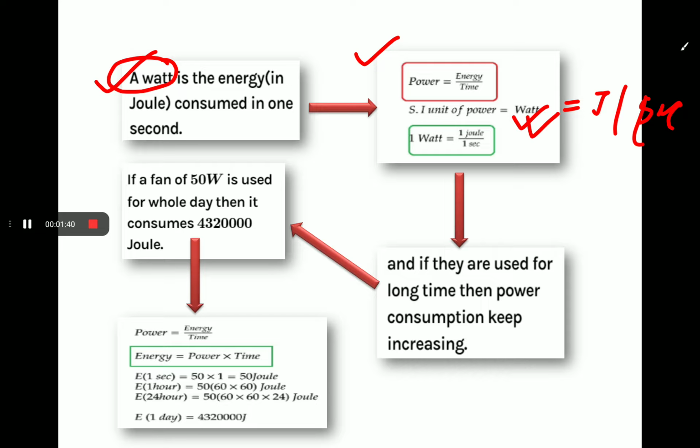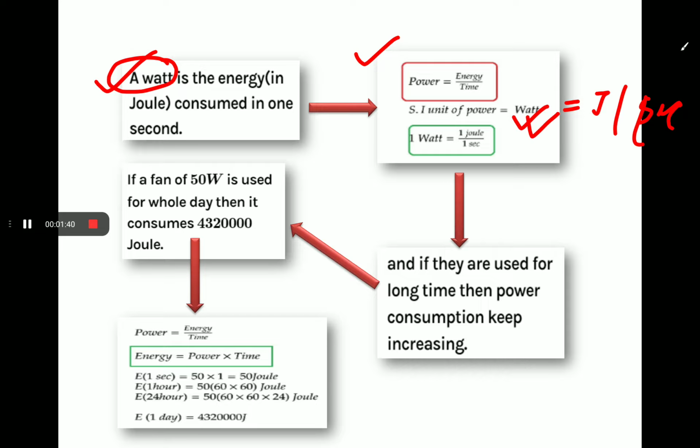We know that 1 kilowatt hour can be written like this: 1 kilowatt 1 hour. It means when a device of 1 kilowatt power rating is used for 1 hour, then the energy consumption will be 1 kilowatt hour.